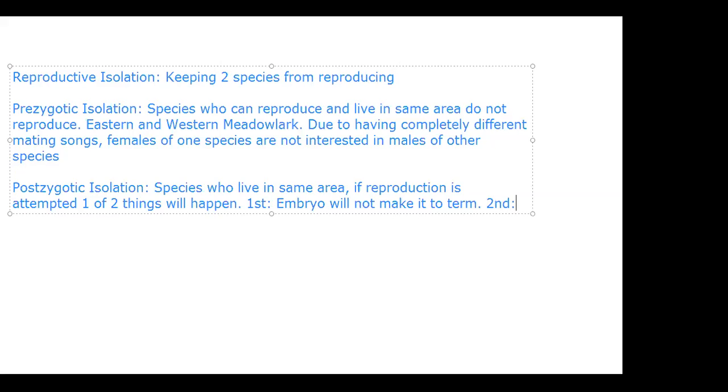The second thing that can happen is offspring will be produced, but the offspring is sterile. So a horse and a donkey can make a mule, but mules cannot generally have offspring.